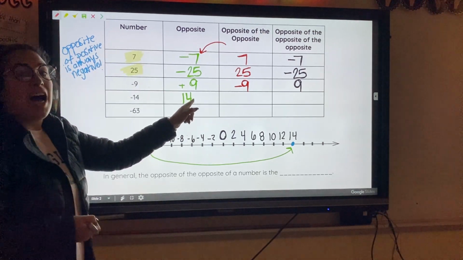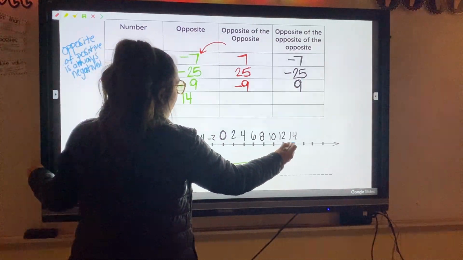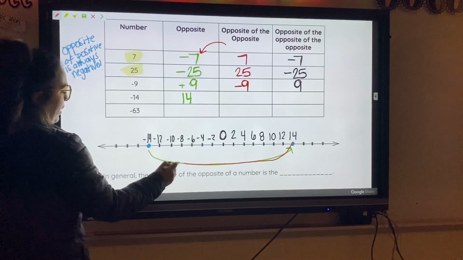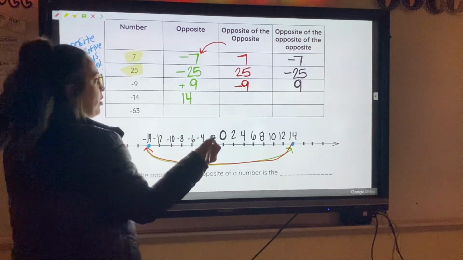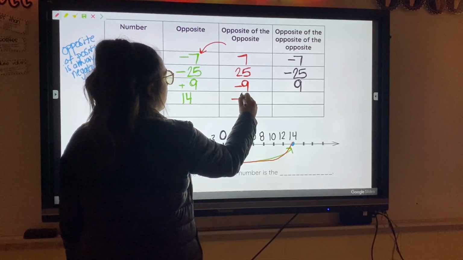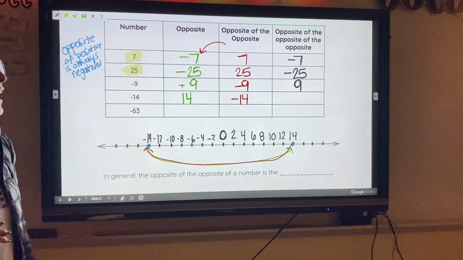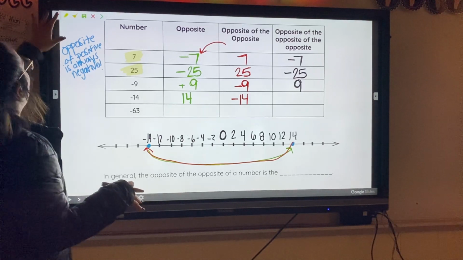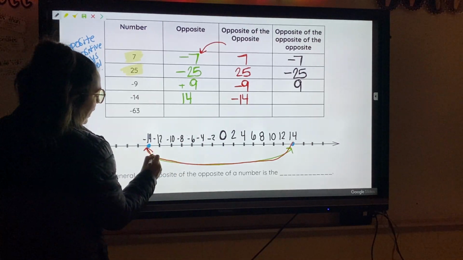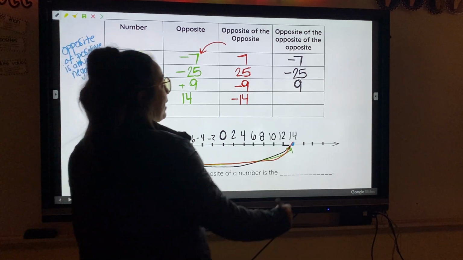So I want to find the opposite of this number. So here's 14. If I go on the other side of the number line, it's going to be negative 14. But then, again, I need to do the opposite of the opposite. So the opposite of negative 14, well, again, it was positive 14.